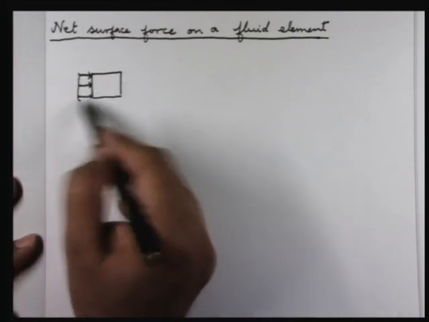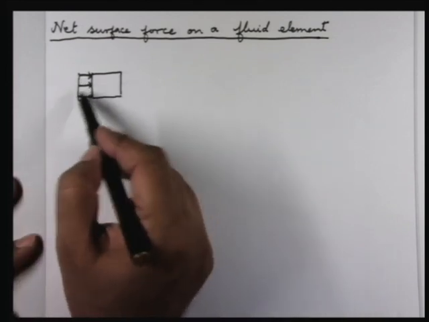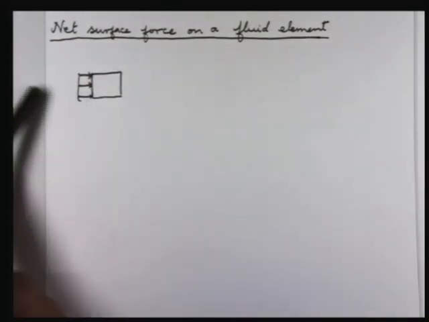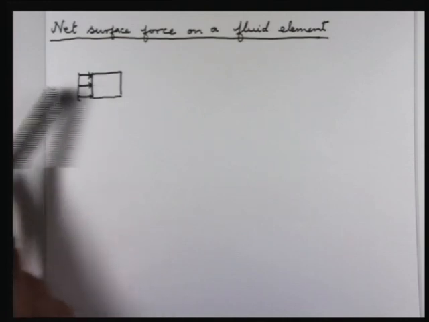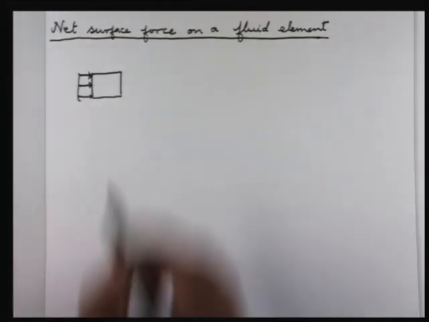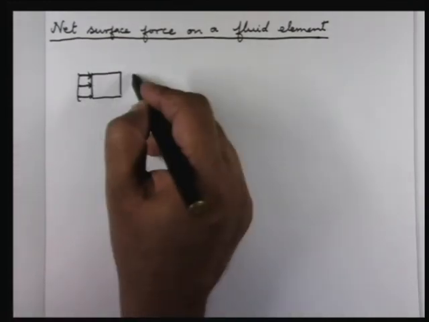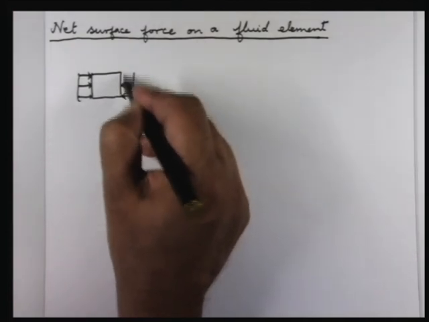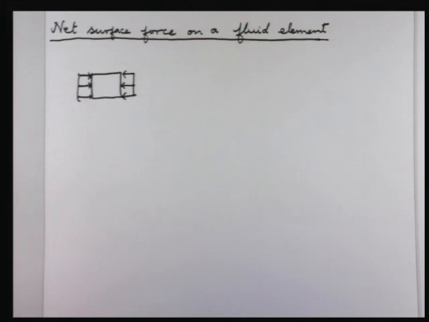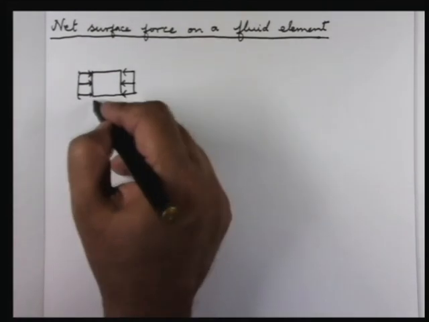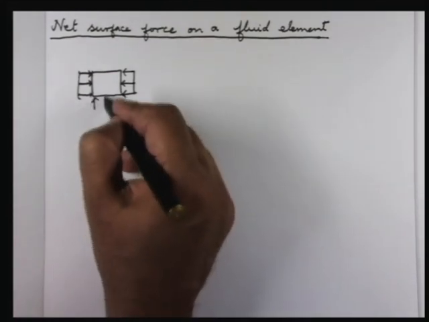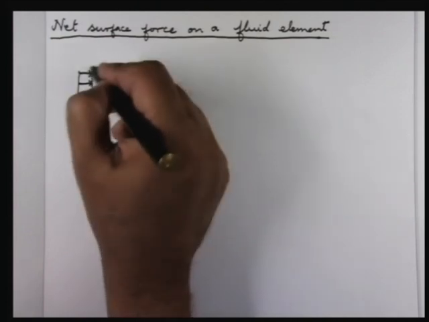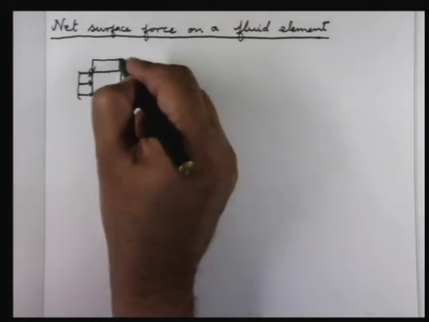It's a compressive force, so if the fluid is inside this element, it will act normal to the surface and inwards. On this surface also it will act inwards because it's a compressive force. Similarly, if I look at this surface, it will act inwards. So this is a distributed force, and here also it will act this way.